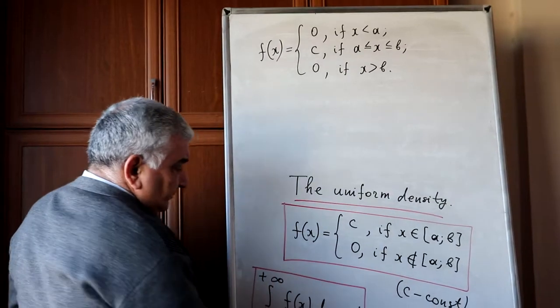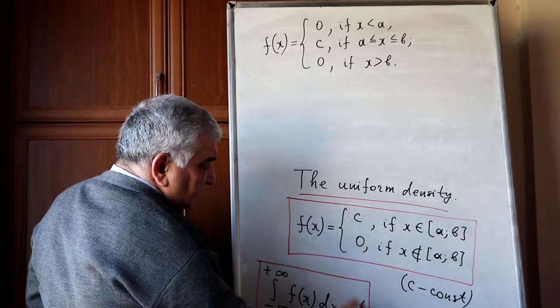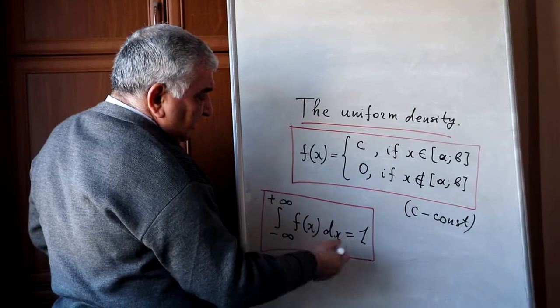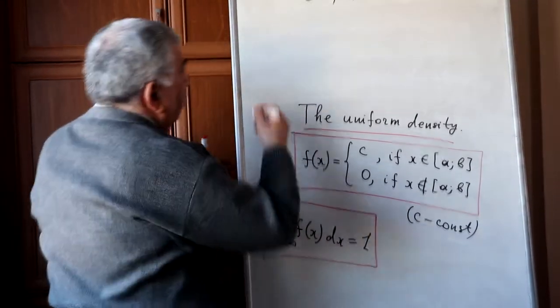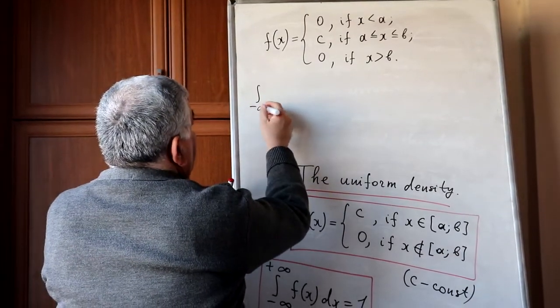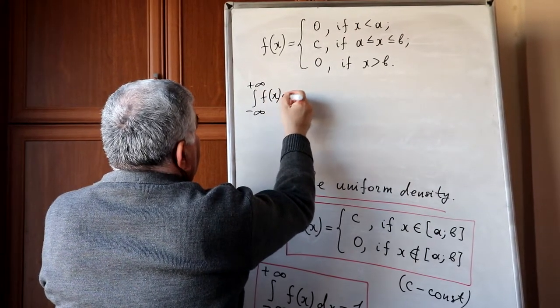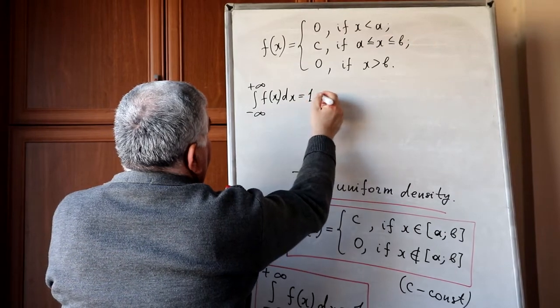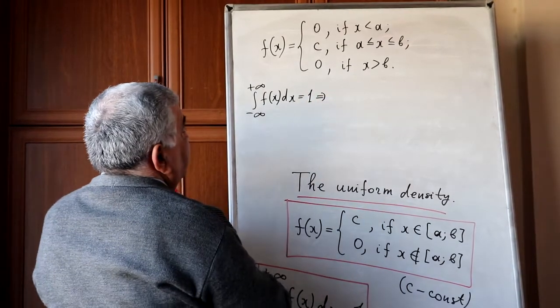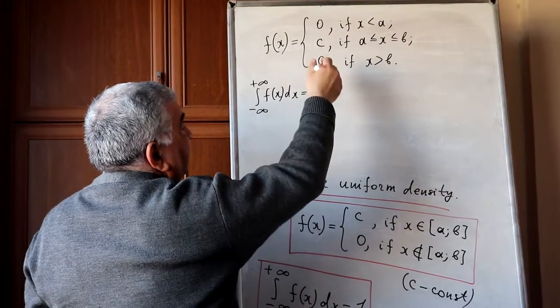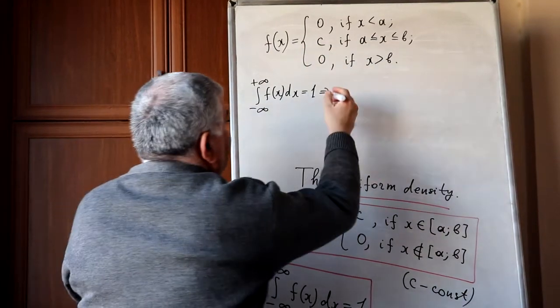And use the main probability equality. Integral from minus infinity to plus infinity f of x dx is unit. Then separate this integral in three integrals.